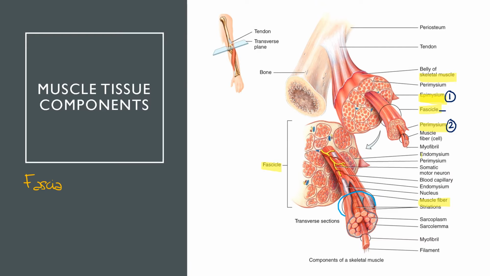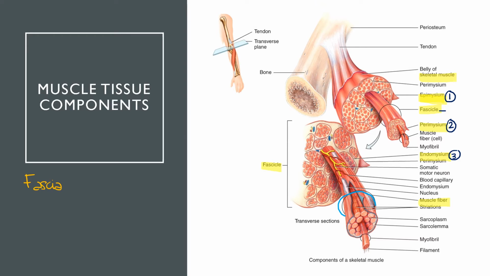And then we have endomysium. This is going to be the innermost layer of connective tissue, and it penetrates the interior of each fascicle and separates individual muscle fibers from one another. So it surrounds each individual muscle fiber.